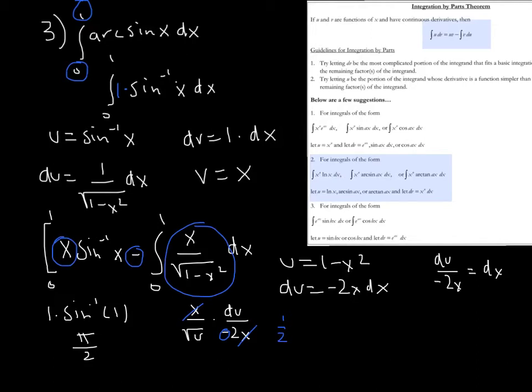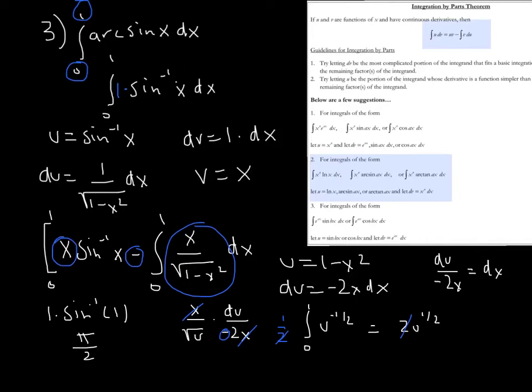And we are going to bring the u to the half up, so that's going to be u to the negative 1/2. And we're still integrating from 0 to 1. And if we integrate that, that's just going to give us 2u to the positive 1/2. And that 2 right there is going to cancel with that 2. And we have u to the half integrating from 0 to 1.